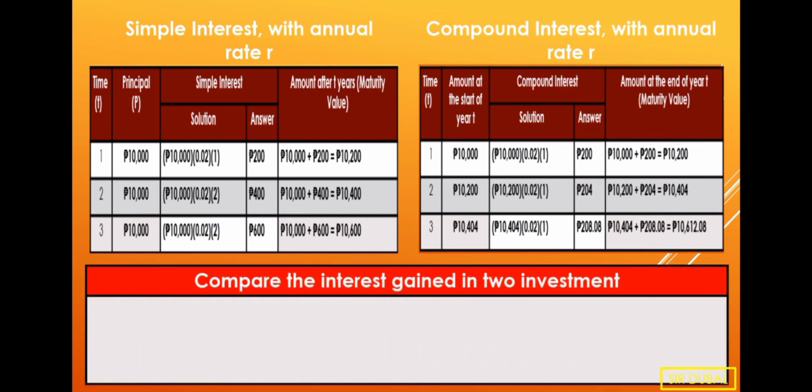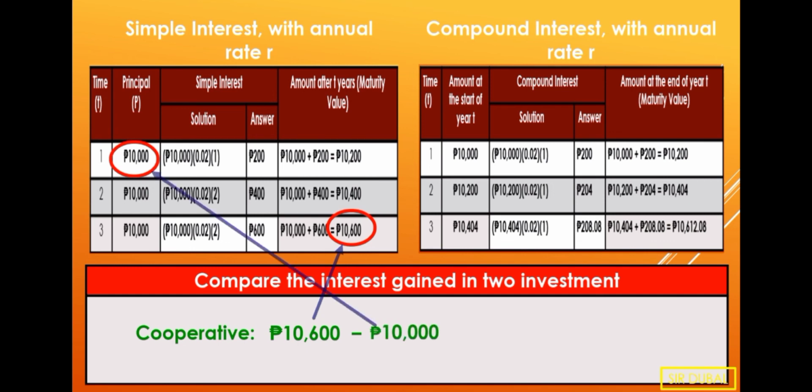So now, comparing the interest gain between the two investments, for the cooperative group, which is using the simple interest, we have 10,600, which is the maturity value, and we are going to subtract it with the principal, which is 10,000 pesos. So the result is equal to 600.